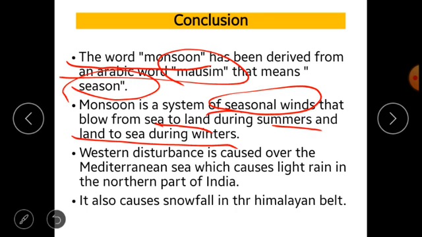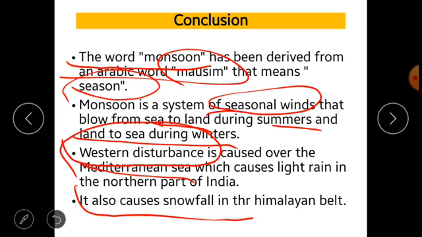Seasonal winds change their direction of flow with the change in season, and there is another phenomenon that causes light rainfall during winters over the northern part of India, which is called the western disturbance, which is caused over the Mediterranean Sea, and it also causes snowfall in the Himalayan belt.